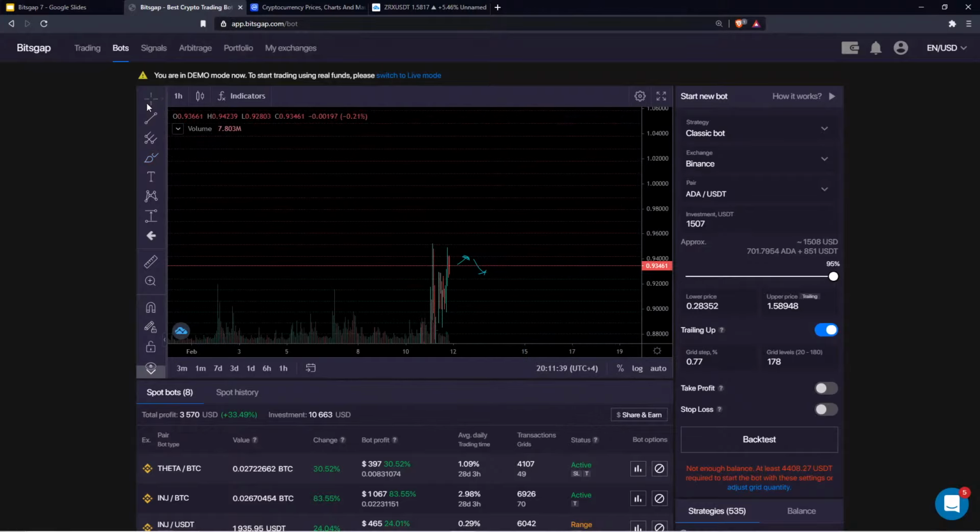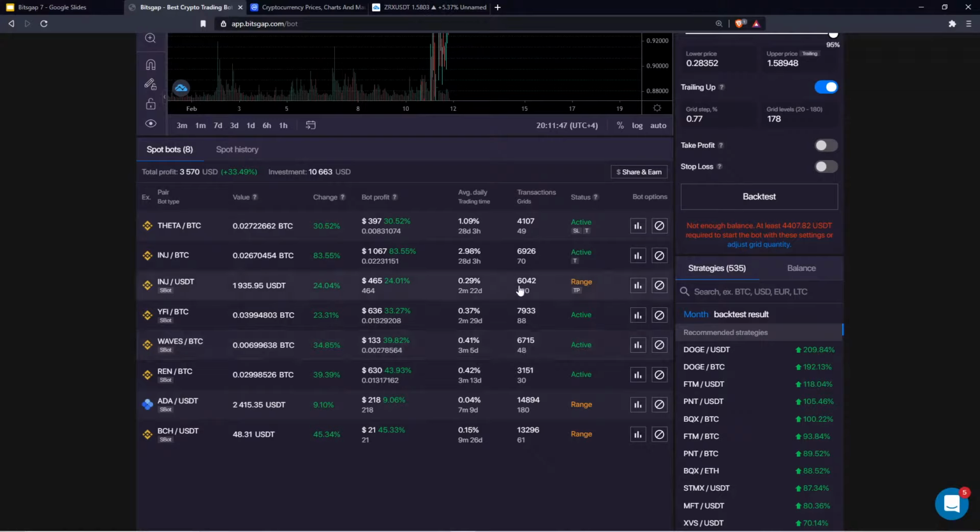So that's why this is basically an everlasting process, and that's why you see that some strategies so far managed to make 8,000 trades. That's for the period of 3 months. Some managed to make 4,000 for the period of just 1 month. That strictly depends on the volatility of the crypto. If the volatility is intense, then for sure this provides lots of opportunities for the bot to buy low and sell high on these market swings.